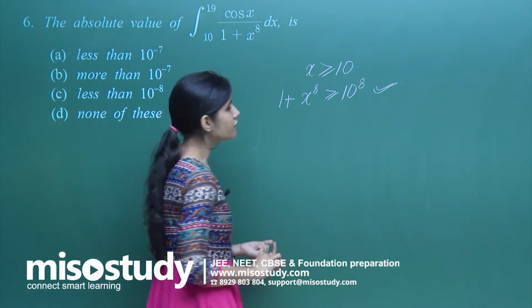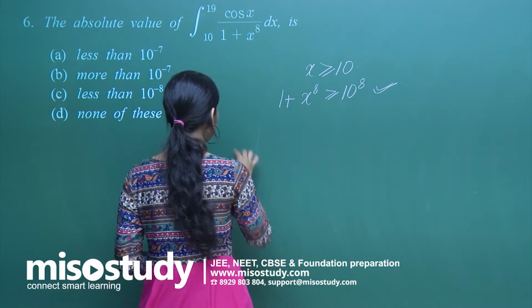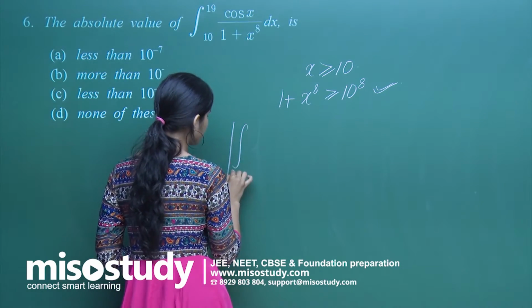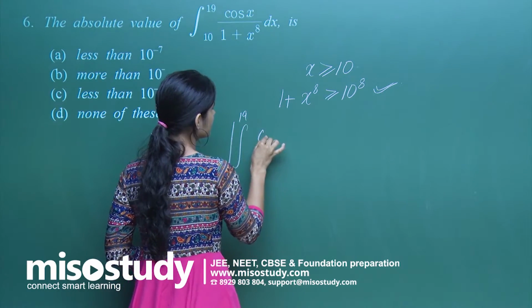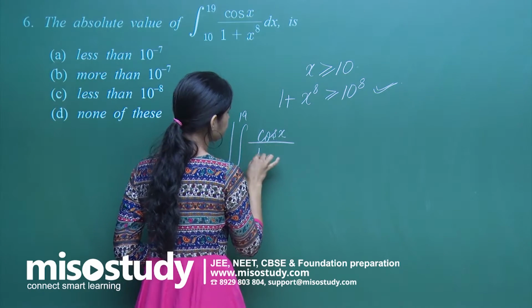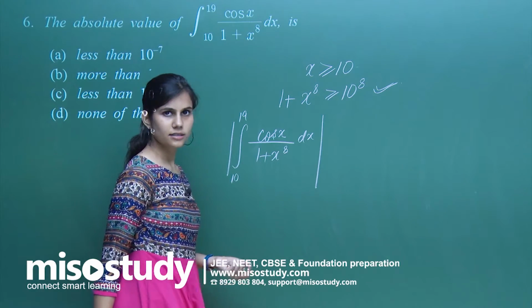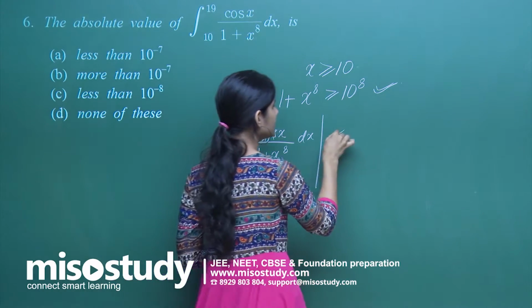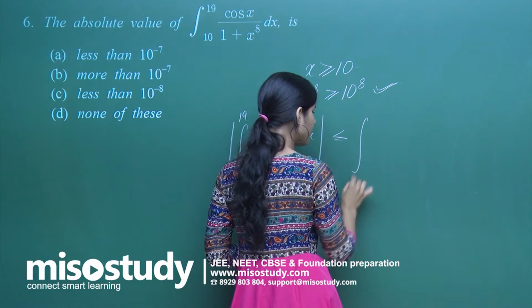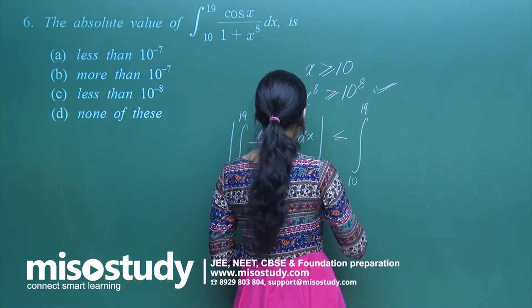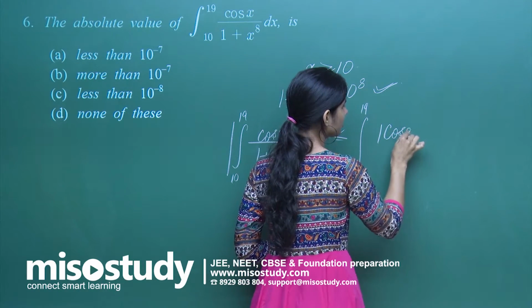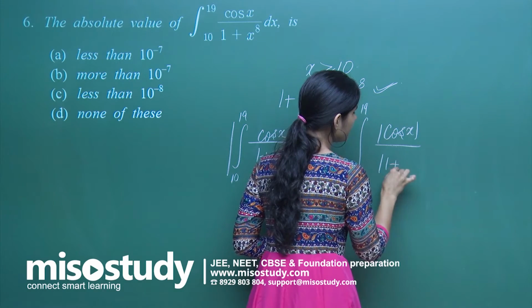Now over here you need to find the absolute value of this expression. You know that mod of the integral is less than or equal to integral of the mod of cos x upon mod of 1 plus x to the power 8.